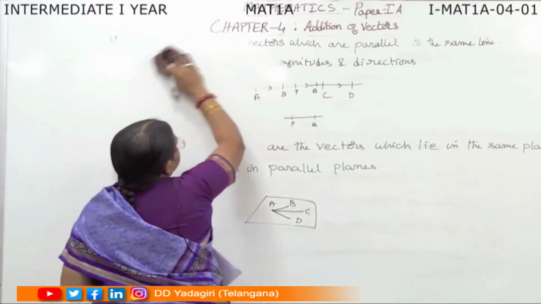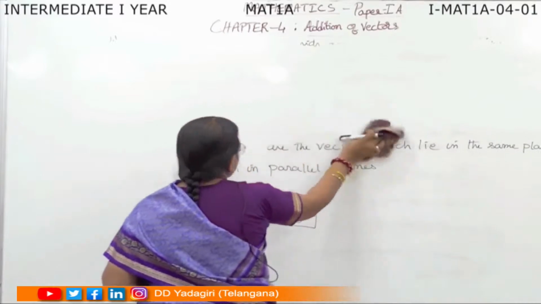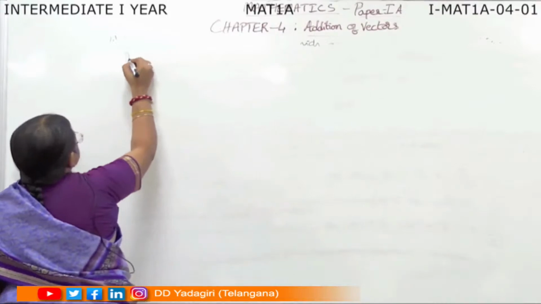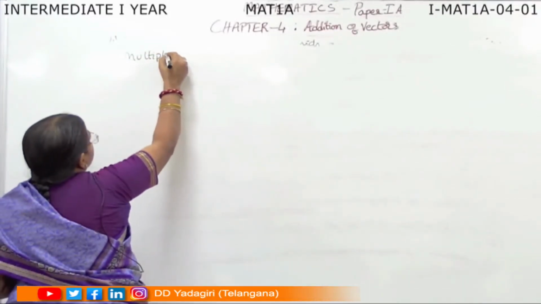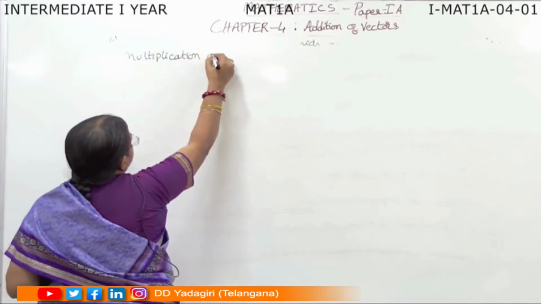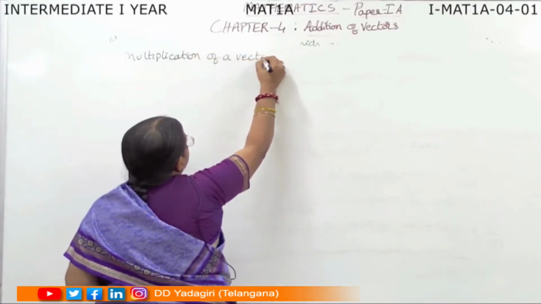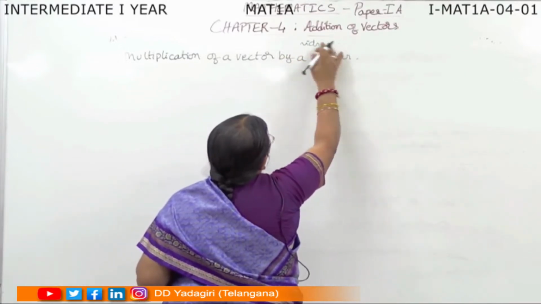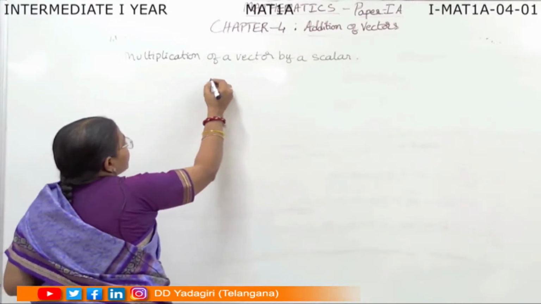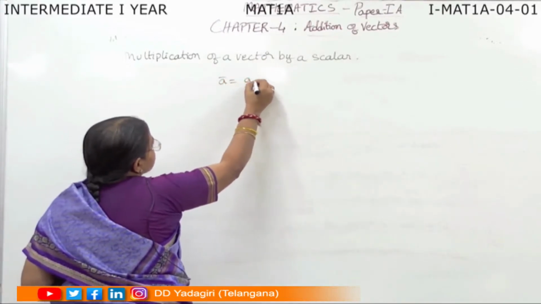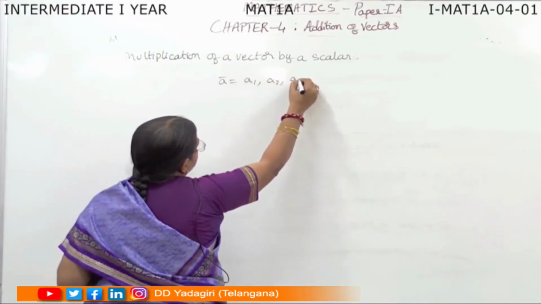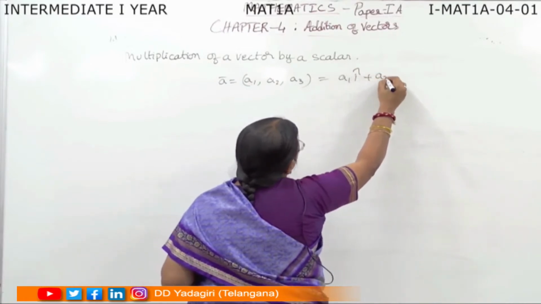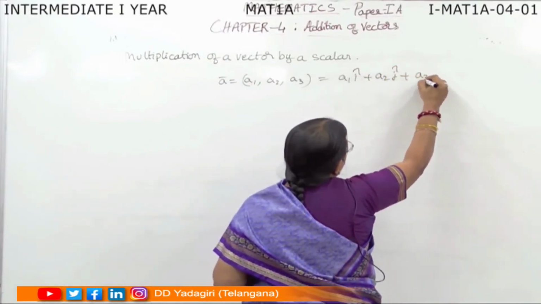Next is multiplication of a vector by a scalar. So how to multiply a vector by a scalar? Now suppose that I have a vector A as A1, A2, A3. This vector can also be written as A1i plus A2j plus A3k.